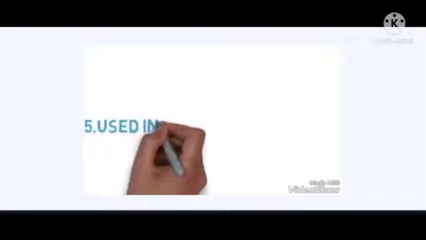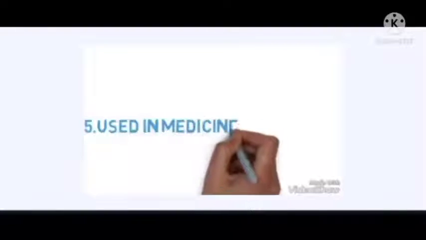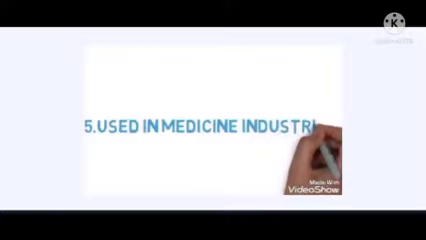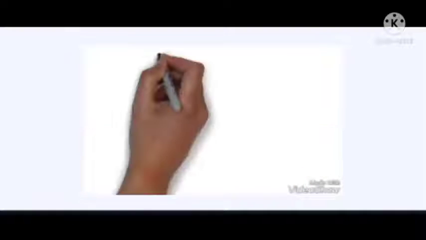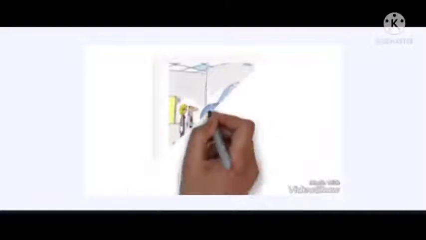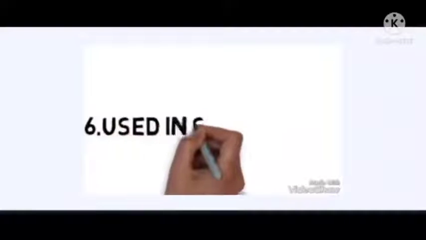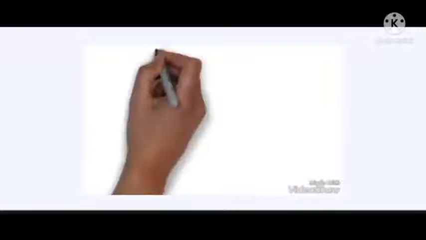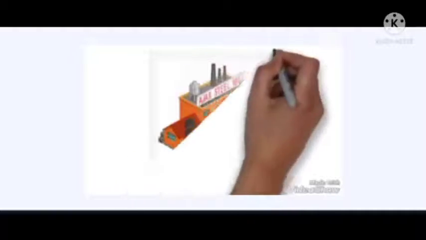Number 5: used in medicine industries. It is used in the industries of medicine. They use hydrochloric acid in making medicine. Number 6: used in steel mills. Steels are made in the steel mills. There hydrochloric acid is used to make those steels.